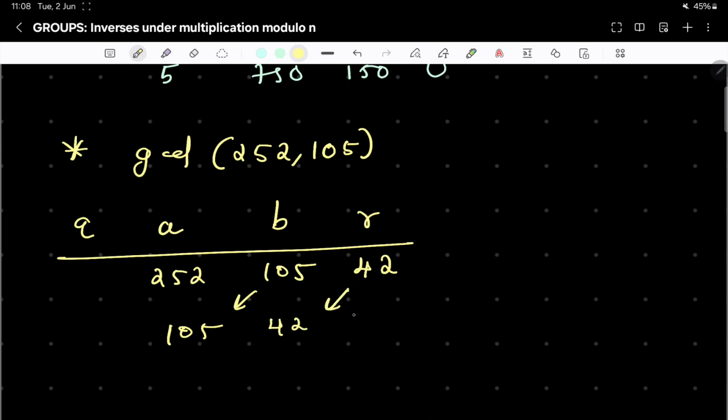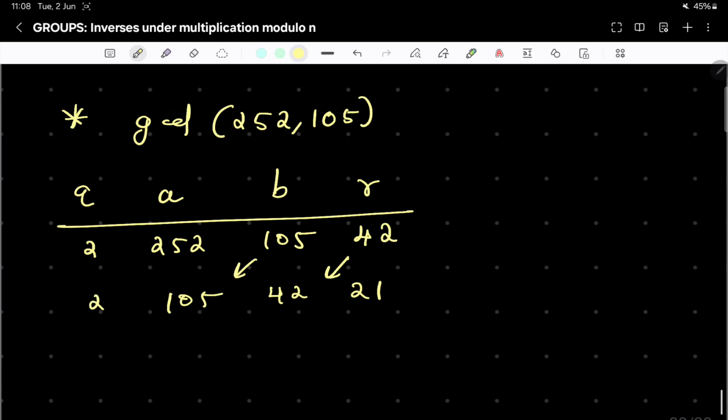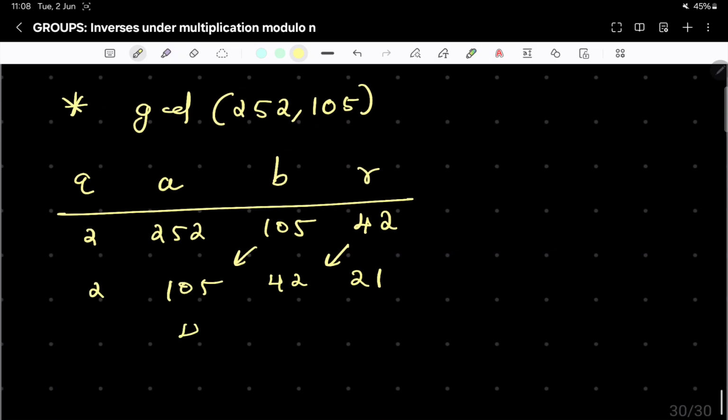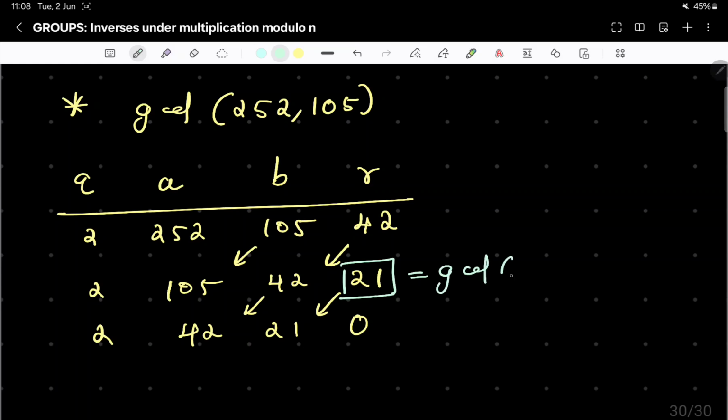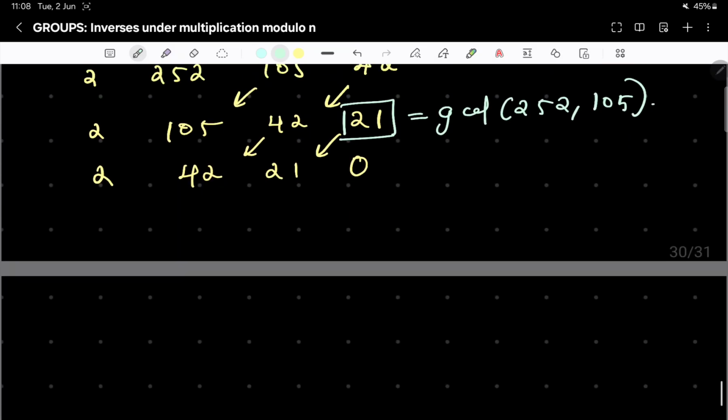What is the remainder? 21. You can write the quotient also if you want to. 42, 21 you change. 21 divides 42 two times, so the remainder is 0. So who is the remainder just before 0? This is your GCD of 252 and 105.